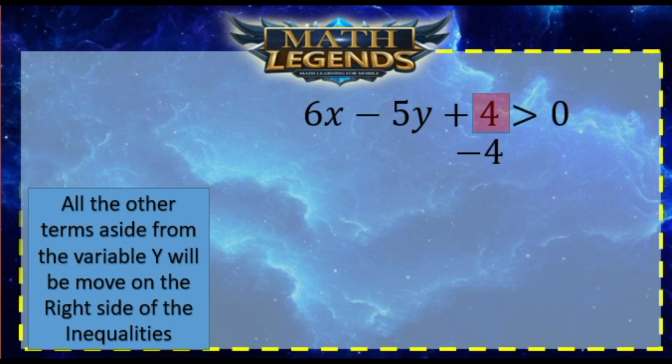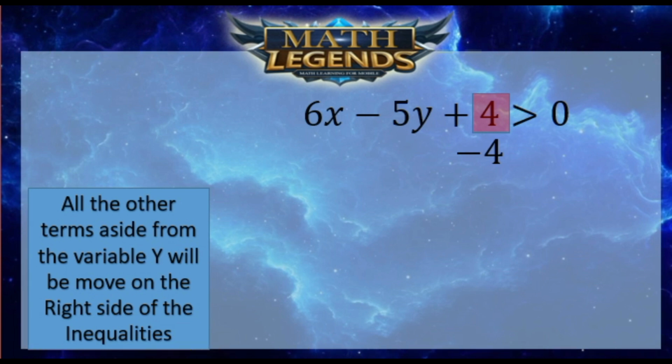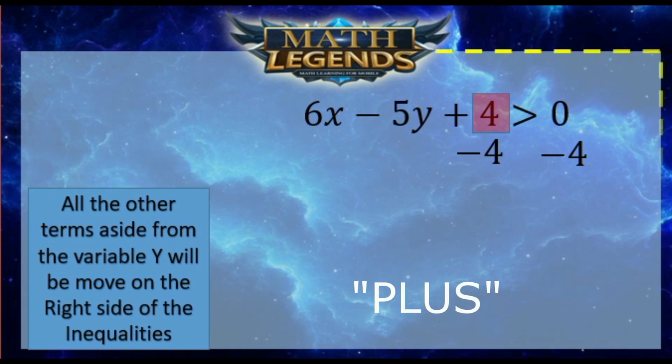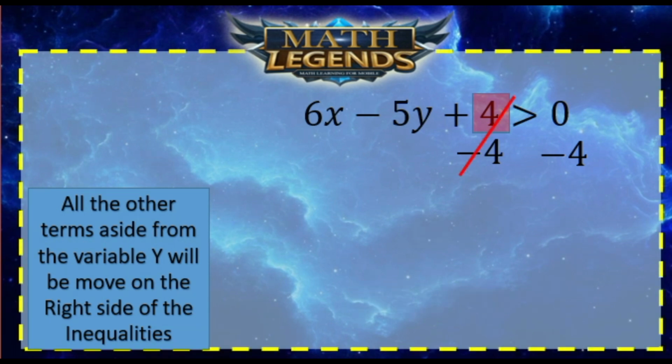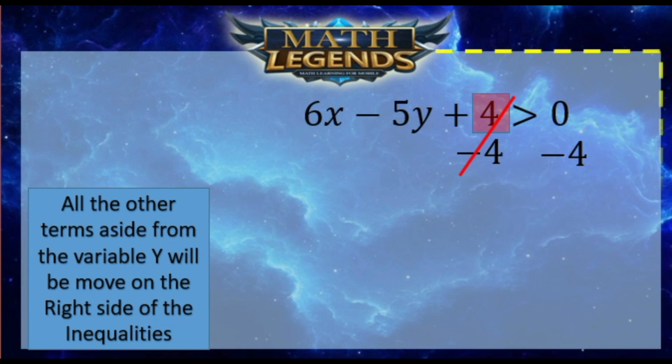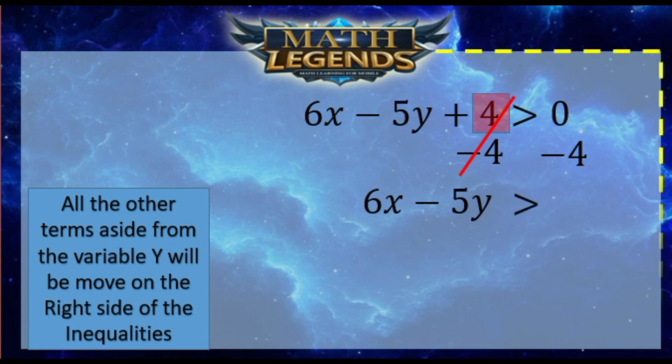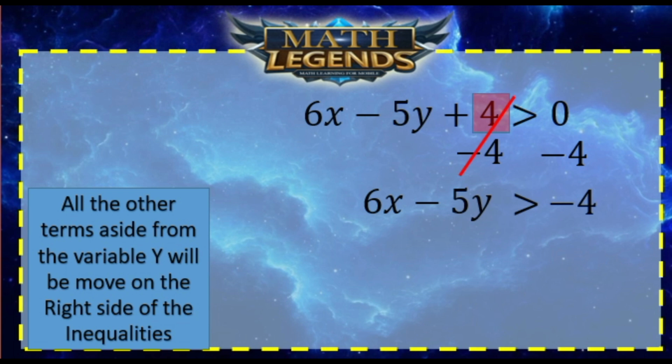And if we add negative 4 on the left side, we're going to add negative 4 on the right side. And then let us simplify. 4 plus negative 4, the answer will become 0. So therefore, we will have on the left side 6x minus 5y greater than 0 plus negative 4, the answer is negative 4.